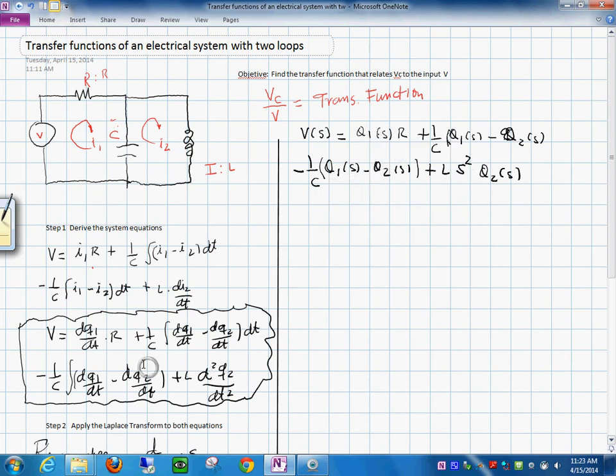But you see in here, two equations, two unknowns, because we need to find out what V sub C is. V sub C is the voltage across the capacitor, which is 1 over C times the integral of I1 minus I sub 2. So this is going to be 1 over C times, no, we need to do it in the S domain.